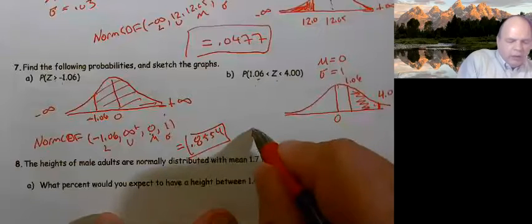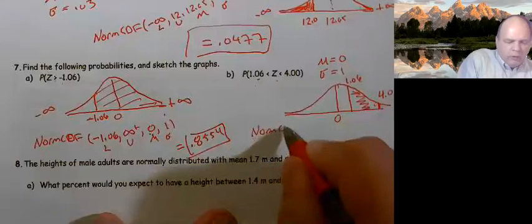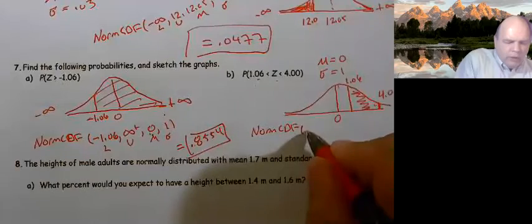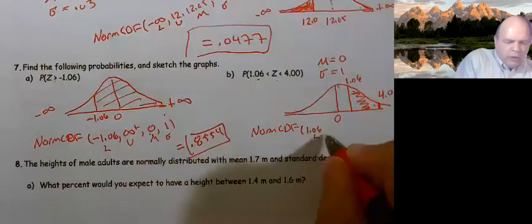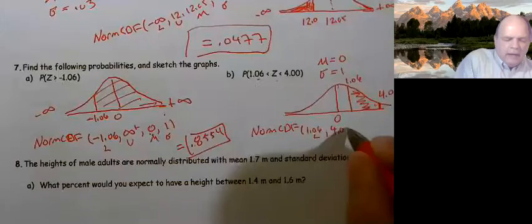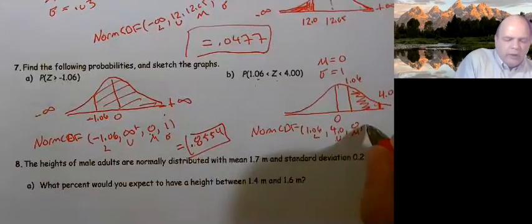So once again, norm CDF, the lower is 1.06, the upper is 4.0, the mean is 0, and the standard deviation is 1.